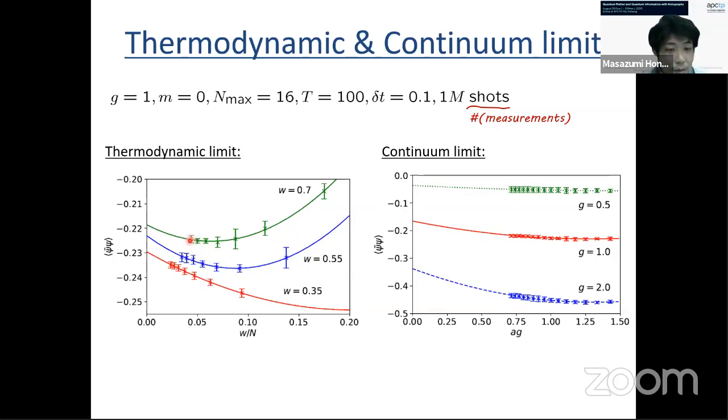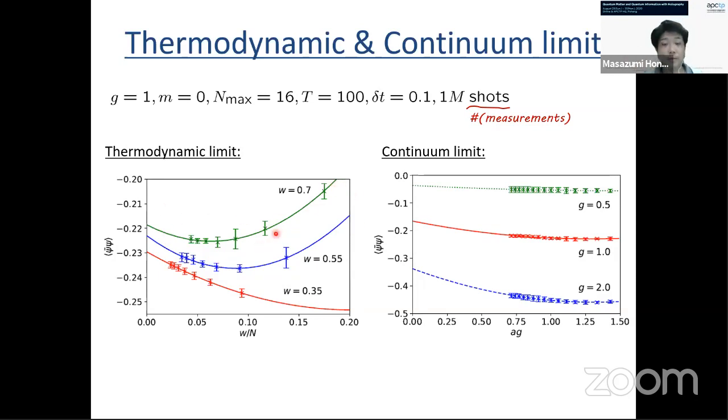This point is the result obtained by 16 qubits, and the value here looks a bit different from the correct value, but the reason for the success was perhaps that 16 qubits is in the range such that we can do fitting by a quadratic function of inverse volume.